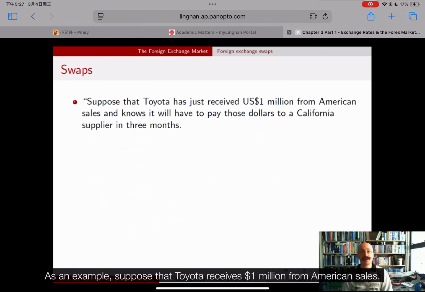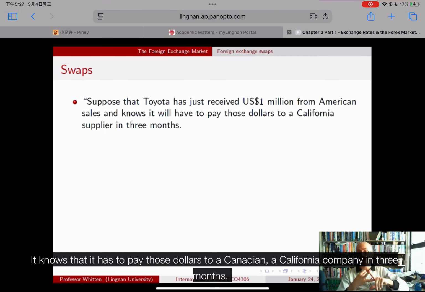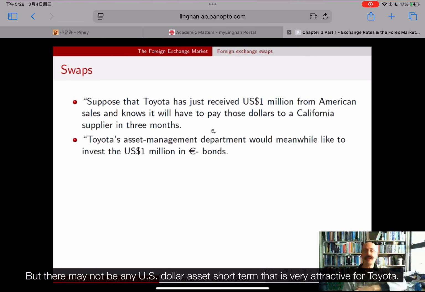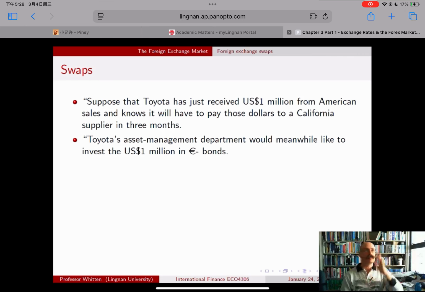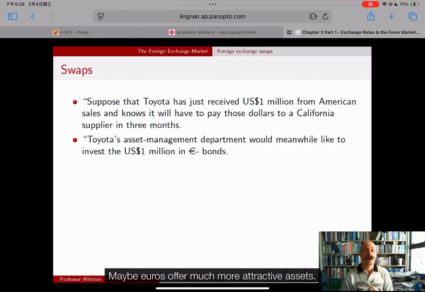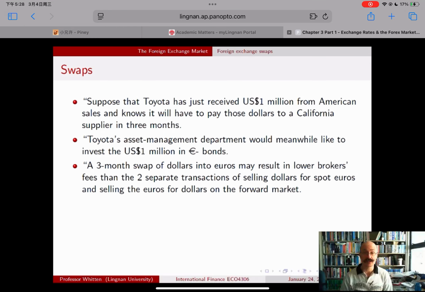As an example, suppose that Toyota receives $1 million from American sales. It knows that it has to pay those dollars to a California company in 3 months, but there may not be any US dollar asset short term that is very attractive for Toyota. Maybe euros offer much more attractive assets.